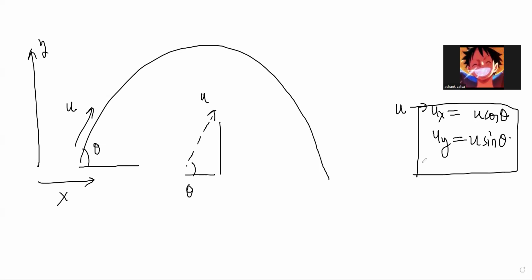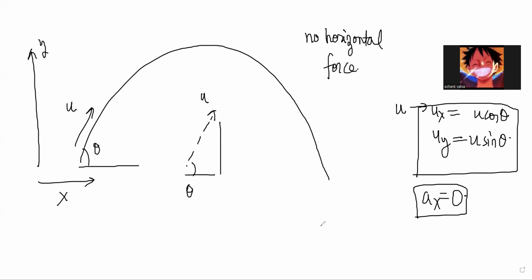Yes, sir. Now, if you think about it, there was no horizontal force on the ball, right? Yeah. So if there is no horizontal force, then there cannot be ax. ax must be zero, right?